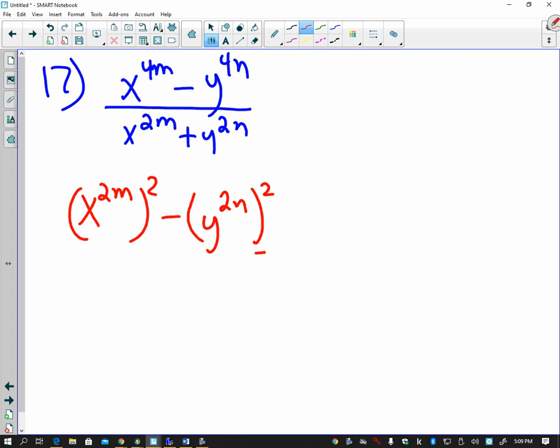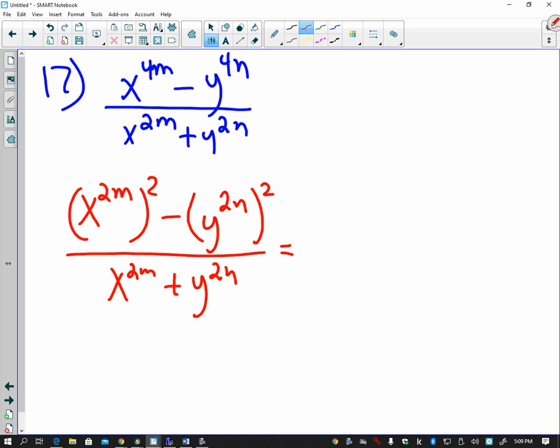Now they leave the denominator alone so that you get x to the 2m plus y to the 2n. Okay, and there's your first step there. I've got to catch on to what they're trying to do.